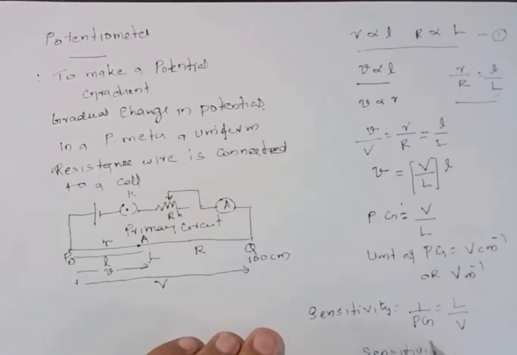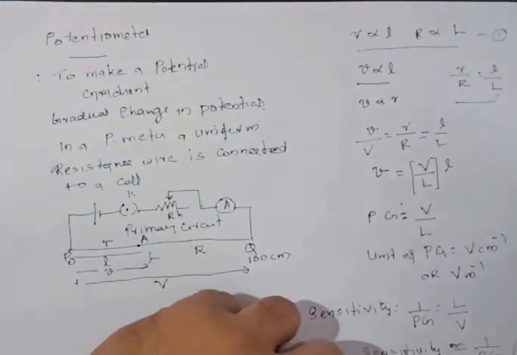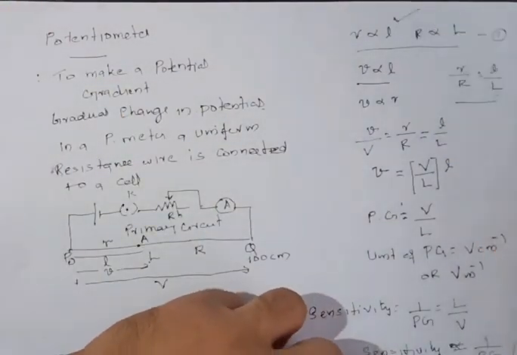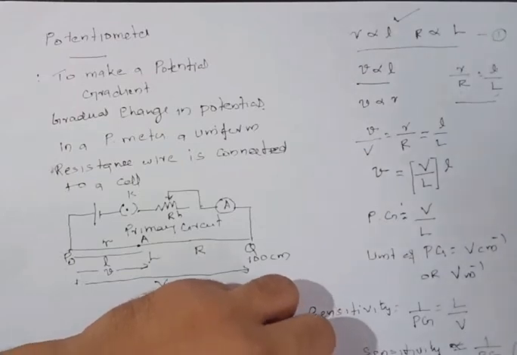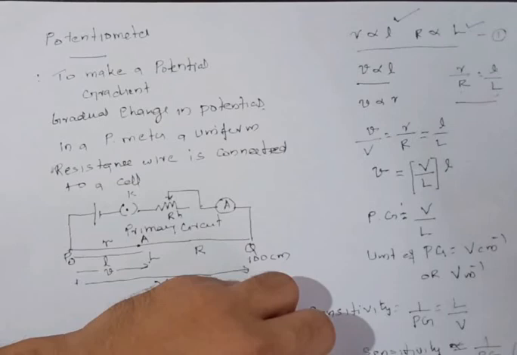So you can see that the sensitivity of the potentiometer is equal to 1 over potential gradient. You have several equations you need to keep in your mind. What are those equations? The resistance of the potentiometer wire and the length, that is one relationship.